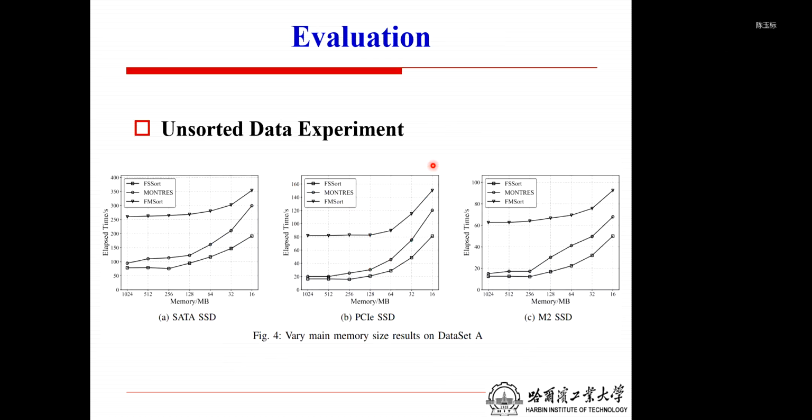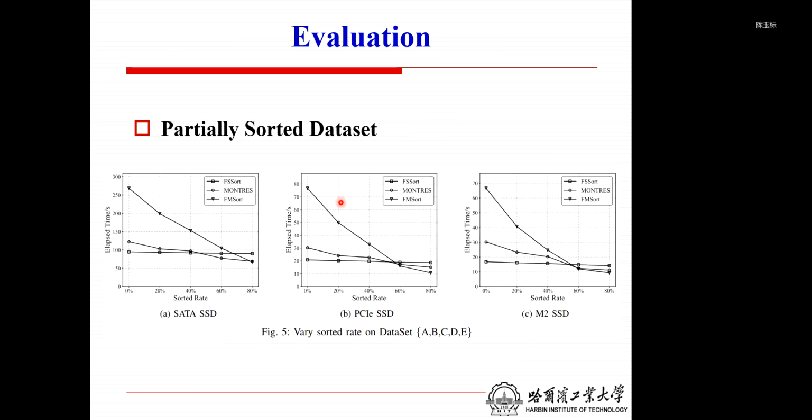From this figure, we can see that on totally unsorted data, FSSort performs better than FMSort and Montres. The second part is the partition-sorted dataset experiment.